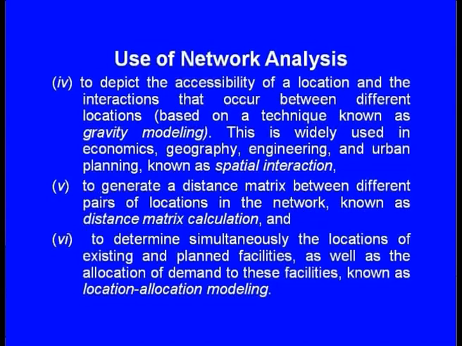To generate a distance matrix between different pairs of locations in the network, known as distance matrix calculation. And to determine simultaneously the location of existing and planned facilities as well as the allocation of demands to these facilities, known as the location-allocation model.